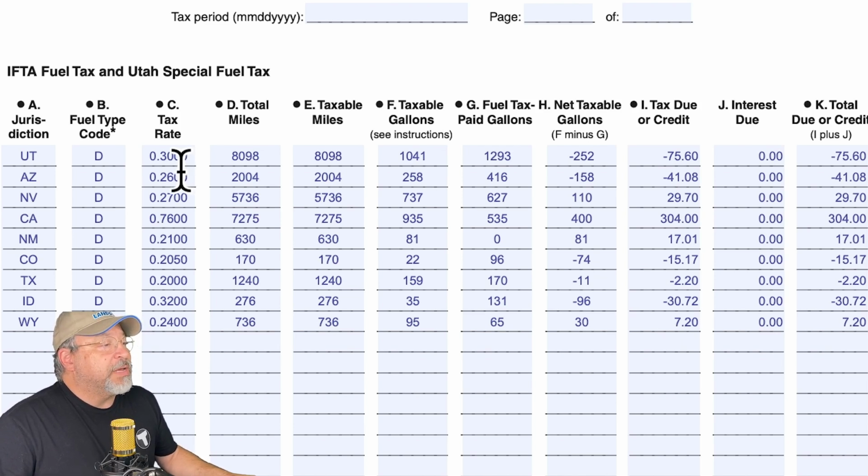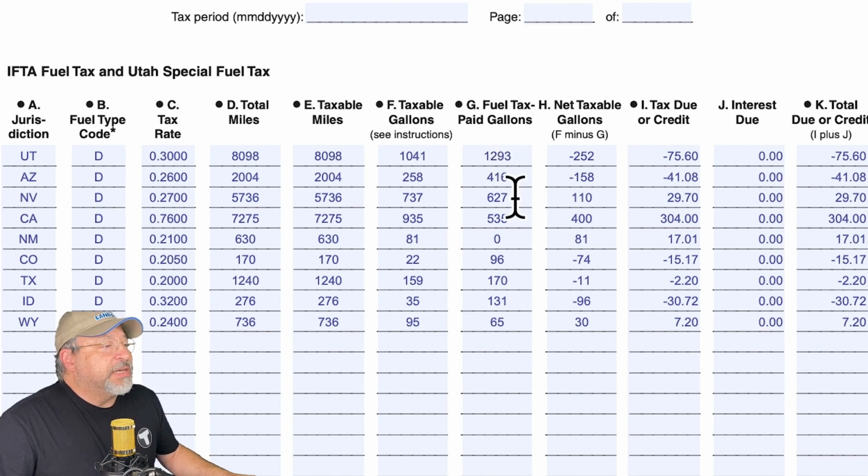Now, before we get to that, this 1,293, this column G, is how many gallons I purchased in Utah. So this is gallons purchased, this is gallons burned. This is what I get charged on.